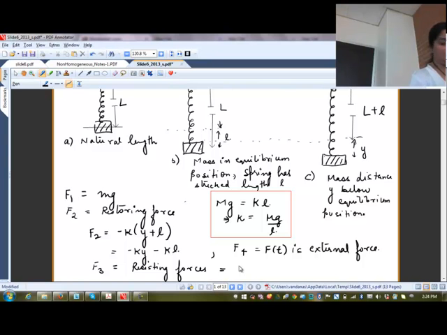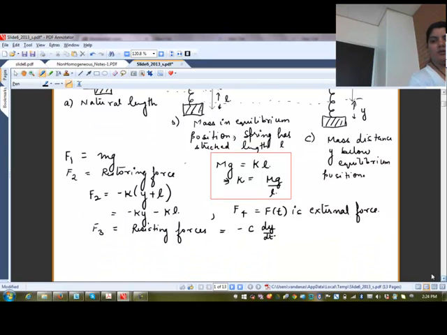We will call them minus c dy over dt, and this comes from an idealistic kind of situation. Most textbooks always take the resisting force to be negative c times the rate of change of y. C is called the damping factor.